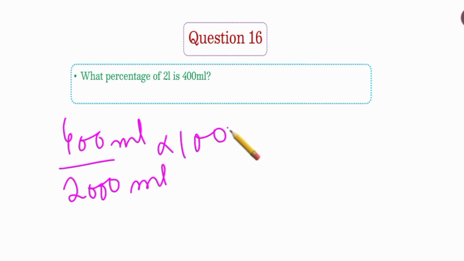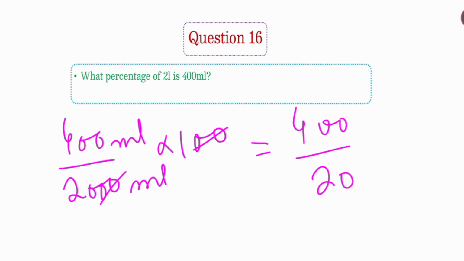Okay, I'll cancel out the zeros. We get 400 divided by 20. Once more, I'll cancel out the zeros. The zeros in the numerator and denominator can be cancelled out, but you have to cancel the same number of zeros. If you have two zeros on the top, then you can cancel them with two zeros on the bottom, and the number of zeros should be equal, obviously.